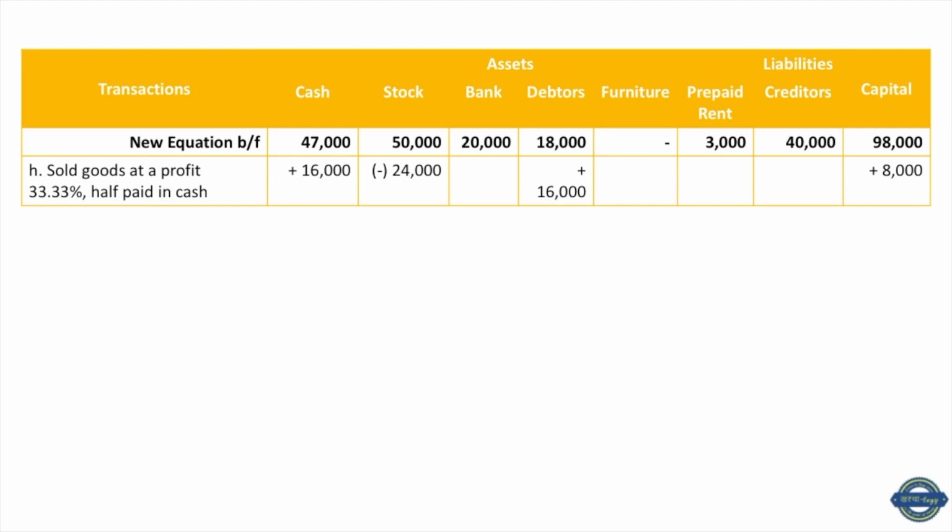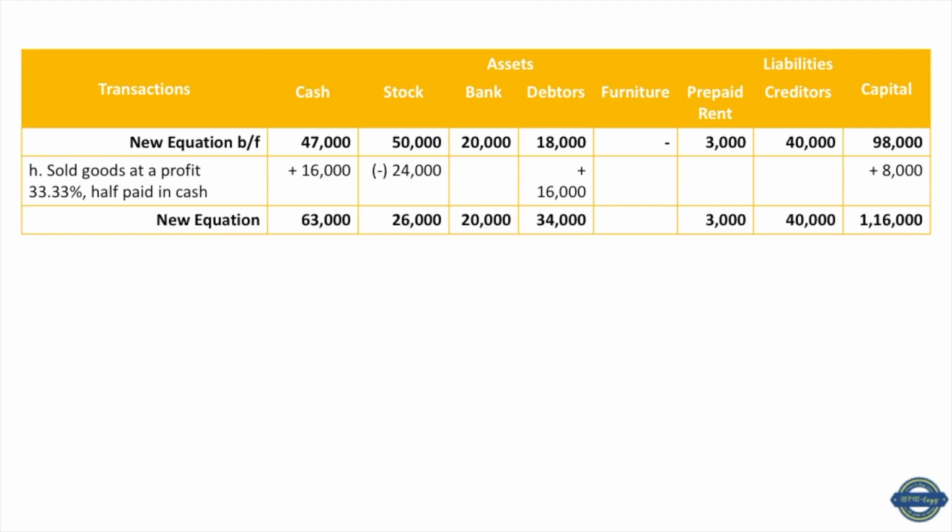So we are going to add this profit under the capital column for rupees 8,000, as all the income and profit are always added under the capital column. So the sale price has become 32,000, half of which has been received in cash. So half of 32,000 is 16,000. We are going to add this in cash since we have received this, and the rest is yet to be received. So this will be added under debtors column.